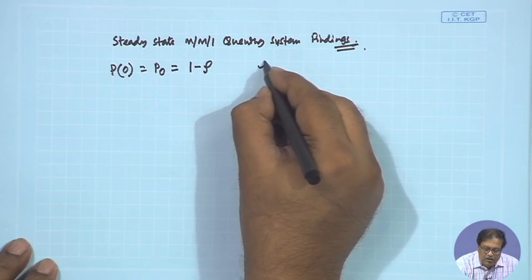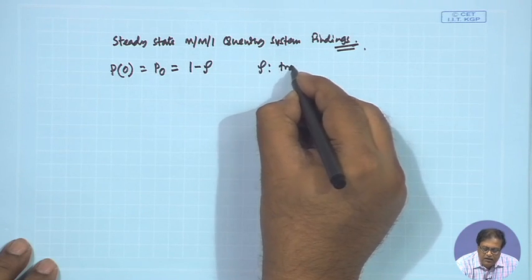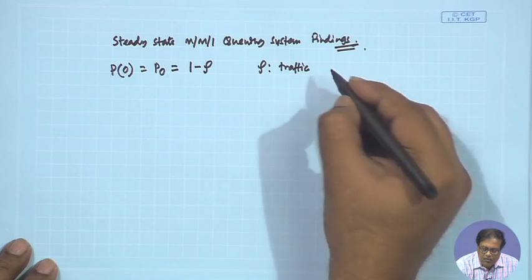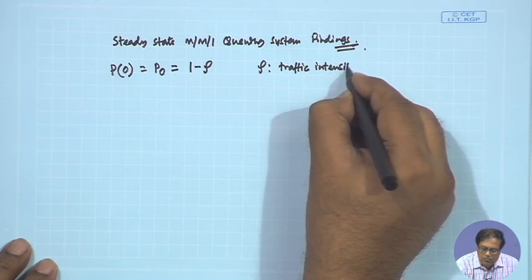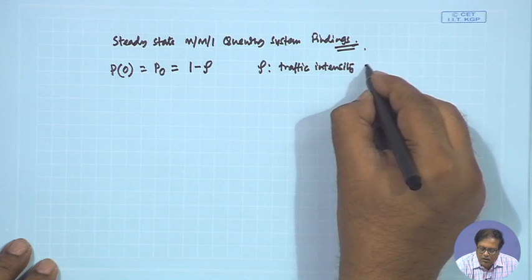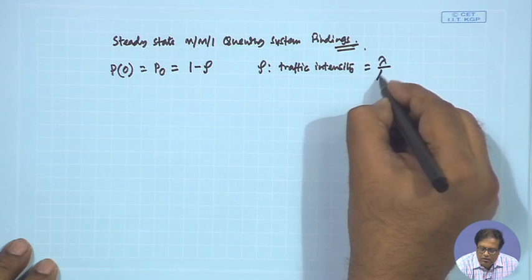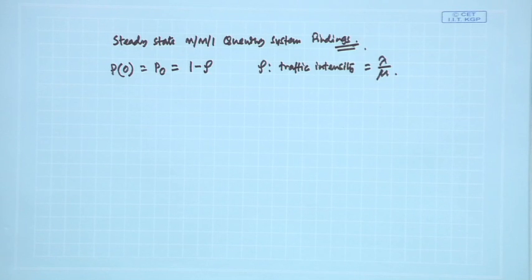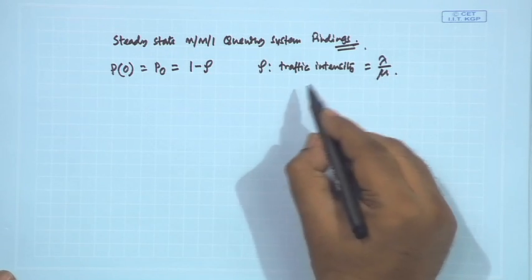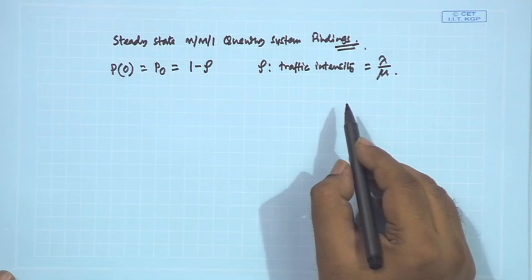What is rho? Rho is the traffic intensity, equal to lambda by mu. Something about traffic intensity: rho is basically the busy percentage.